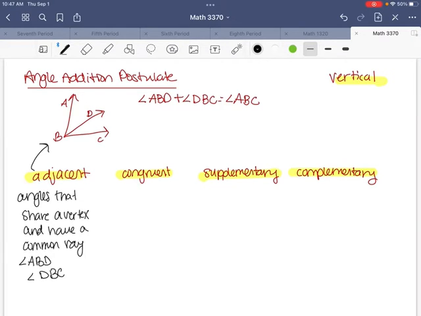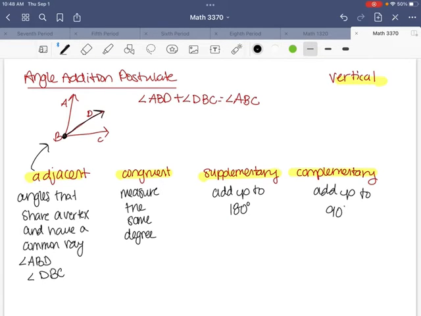Those are adjacent angles because you can see they share this vertex right here, and they have this ray in the middle that they share. So those are adjacent angles. Congruent angles are pretty obvious. They're just angles that measure the same degrees. Supplementary angles add up to 180 degrees. And then complementary angles add up to 90 degrees.